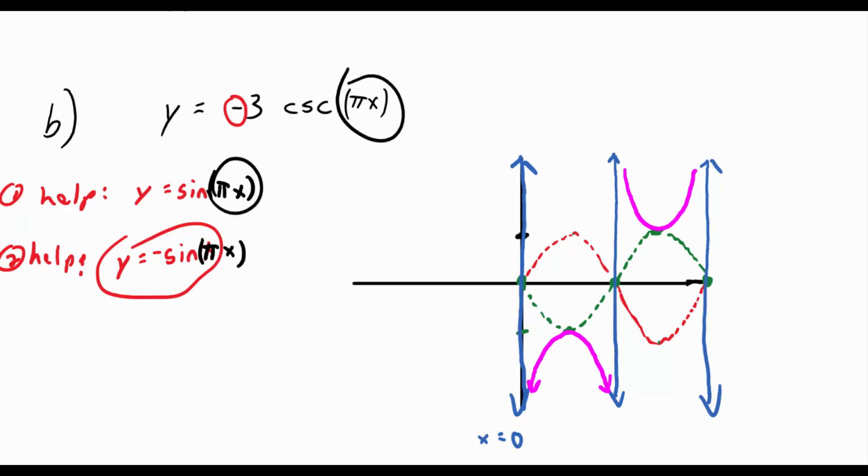It's going to be the same formula. The period is 2 pi over whatever number is out in front of the x in either equation. So 2 pi over pi, which is 2, which makes this the asymptote x equals 2. And then this one must be x equals 1.